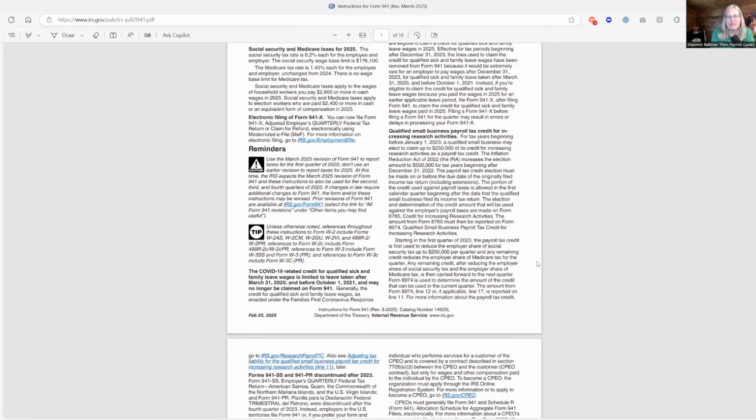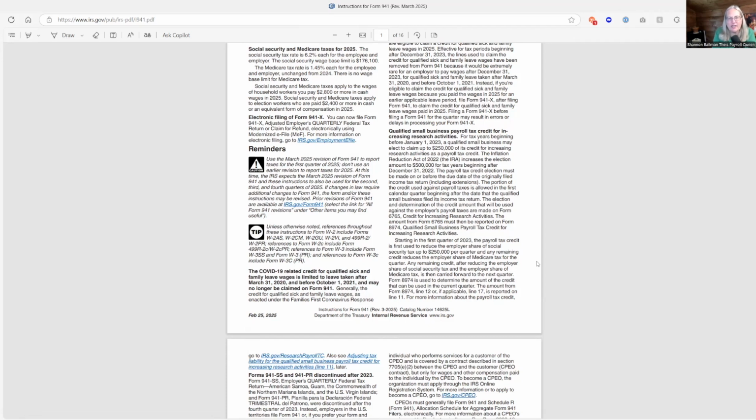The payroll tax credit election must be made on or before the due date of the originally filed income tax return, including extensions. The portion of the credit used against payroll taxes is allowed in the first calendar quarter beginning after the date that the qualified small business filed its income tax return.